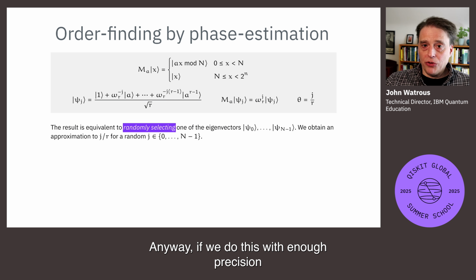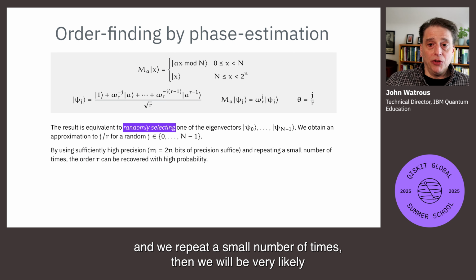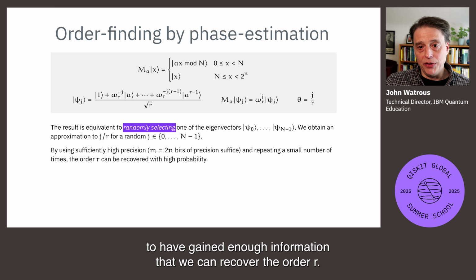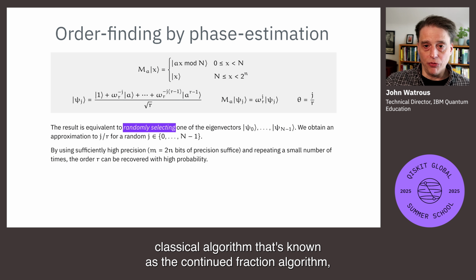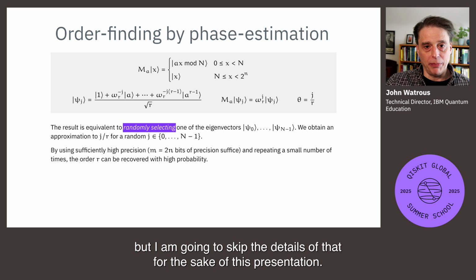Anyway, if we do this with enough precision and we repeat a small number of times, then we will be very likely to have gained enough information that we can recover the order r. The specific way that this works involves an efficient classical algorithm that's known as the continued fraction algorithm, but I am going to skip the details of that for the sake of this presentation.